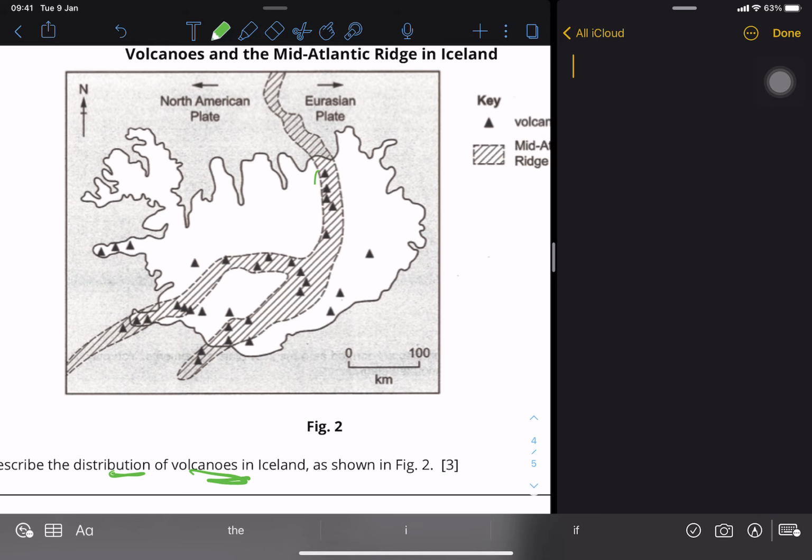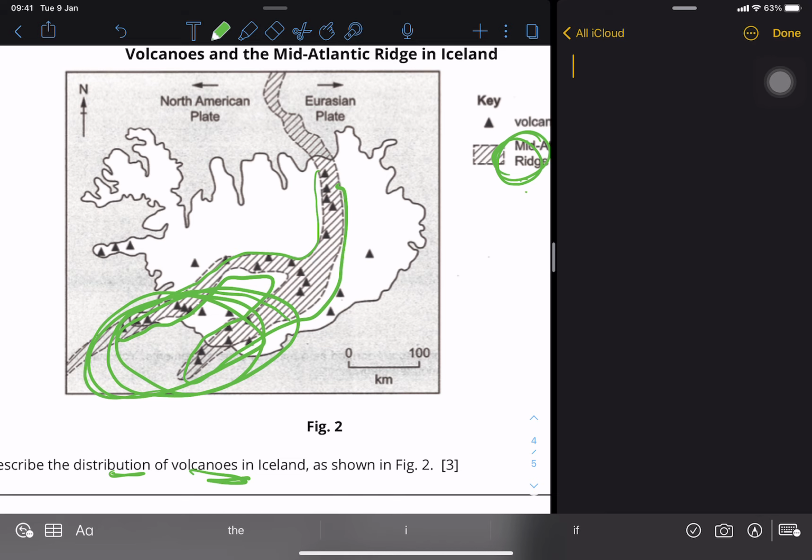It seems like most of the volcanoes are found along this dashed line. What's this dashed line? It's the mid-Atlantic ridge. Are all of them distributed equally? It seems like more are found on the southwest corner. So generally most are found on the mid-Atlantic ridge. Then specifically, the majority are found at the southwest corner more than the northeast.